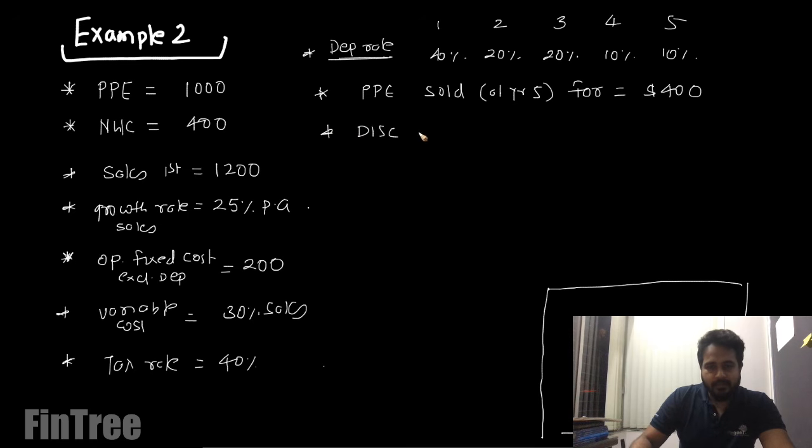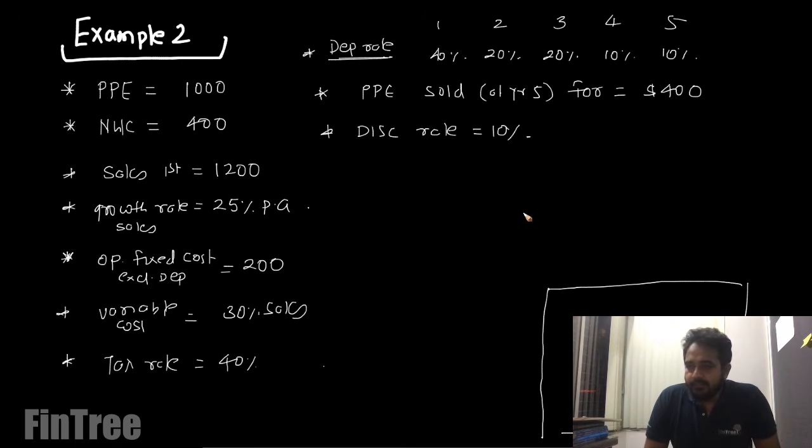Discount rate, we will just keep it at 10% just to cut down on the complications. With a discount rate of 10%, what do we need? Yeah, more or less we covered. So that's it. With this information, get started.